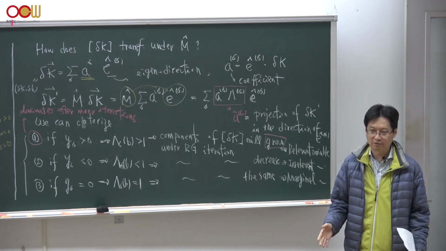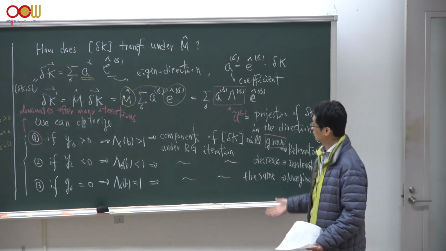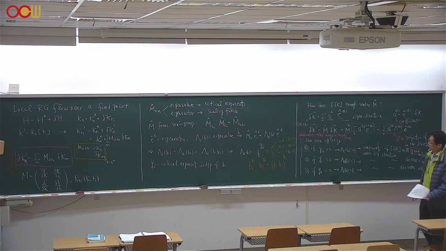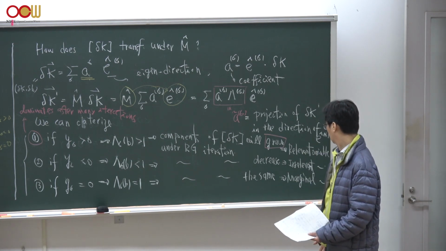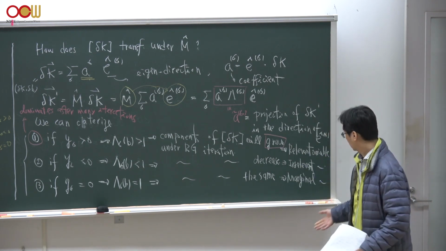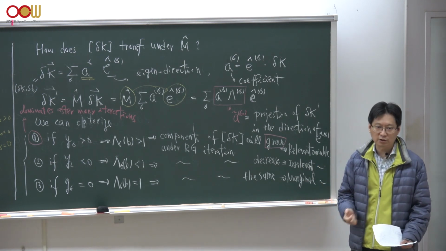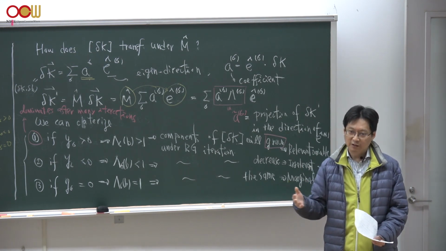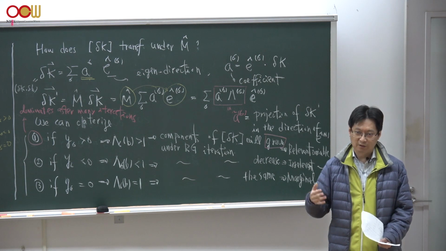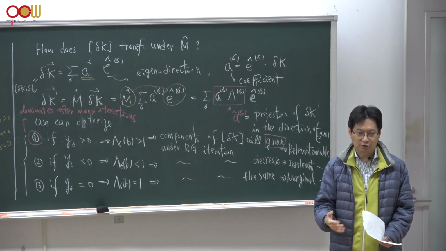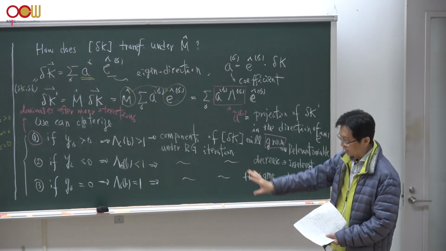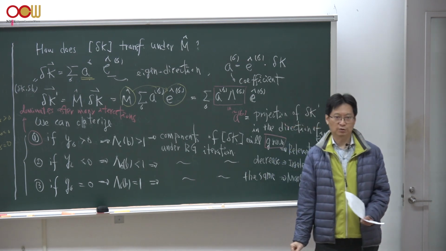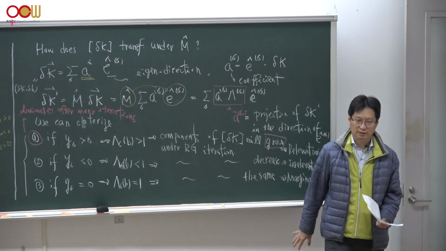It is marginal. So of course, this is just a simple RG analysis based on this power law behavior, but more sophisticated calculations can be done, and we could further classify these marginal variables into marginally irrelevant, marginally relevant, and marginally marginal variables, depending on these higher order contributions to the RG equations, and we may see that later.